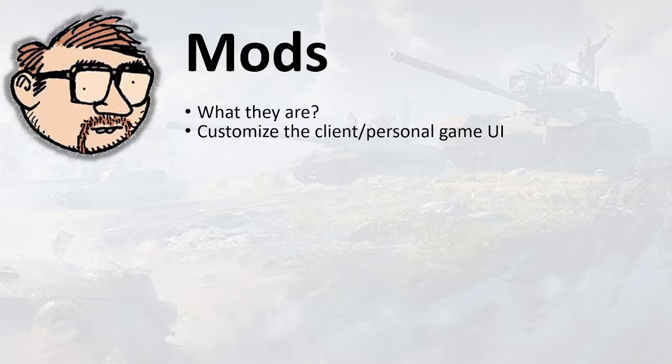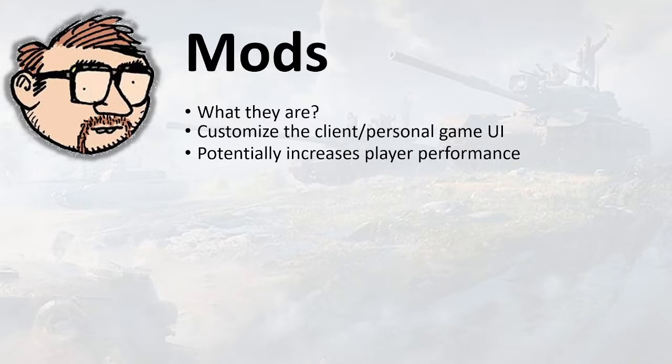So if you want to add a clock, for example, to your garage view or your battle view, or you want to see more information about player skills and so on, you can bring that information in, and you can use it in your own gameplay. I know many people say that these make the player better when you use them, and some even say that they are cheating in many ways.